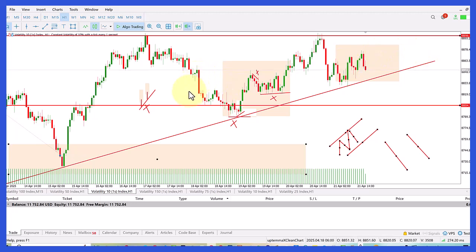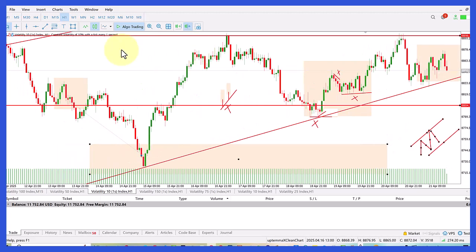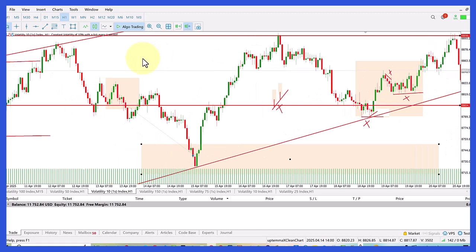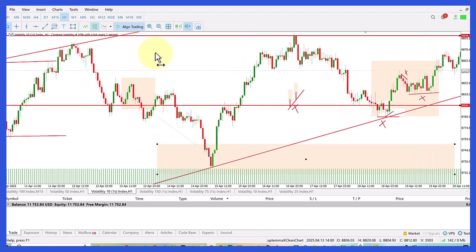Another thing you should watch out for is probably when you see this for experts. If you don't know what that block is, please go and watch the market structure video.